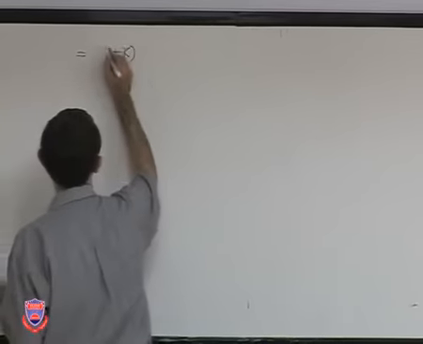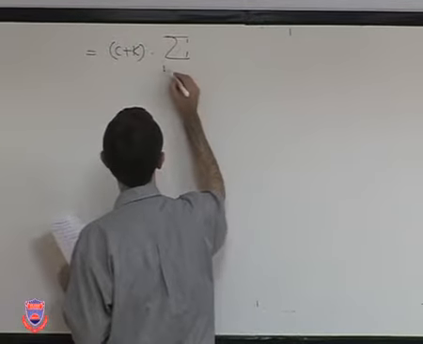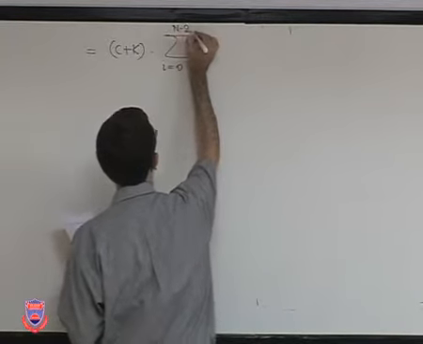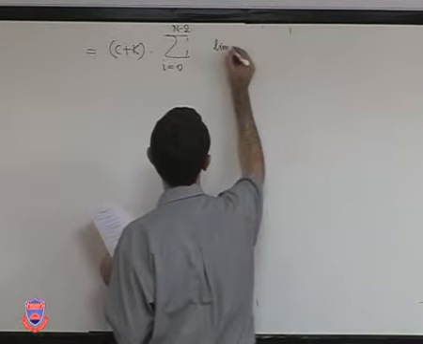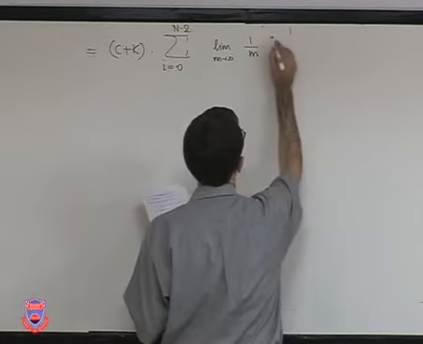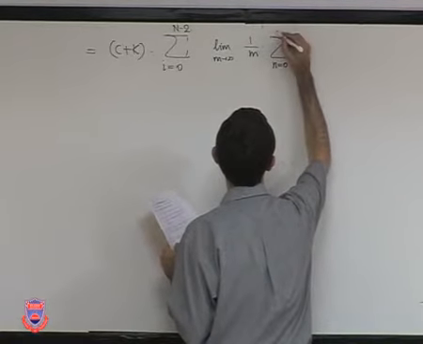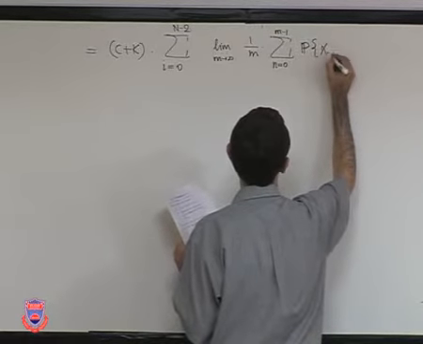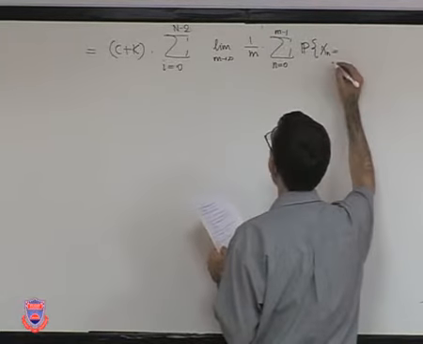C plus K times the sum over the states 0 to n minus 2, then we have the limit as m goes to infinity of 1 over m times the sum as n goes from 0 to m minus 1 of the probability that at time n the state of the process equals i.